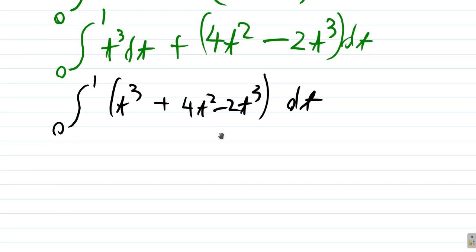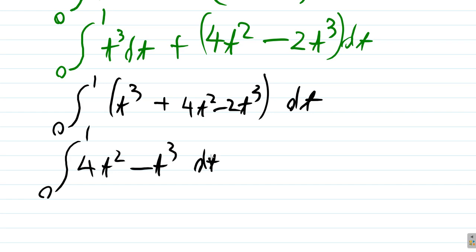So, here, we could put the t cubes together, right? And then what we would have is the integral from 0 to 1 of 4t squared minus t cubed dt.